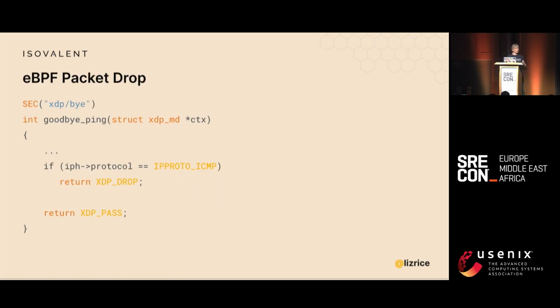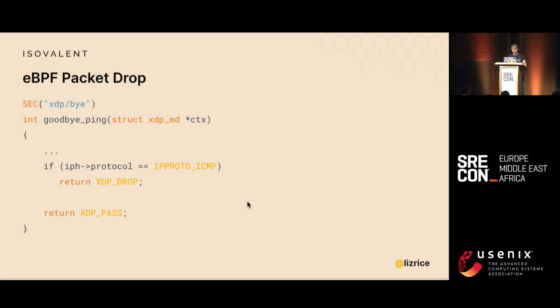The code to do that would look something like this. We'd have a program that's attached somewhere in the networking stack. The program would look at the structure of the packet, make a decision on whether it's a packet of death or not, and drop it, throw it on the floor. If it's not a packet of death, it would pass it on up the networking stack as usual.